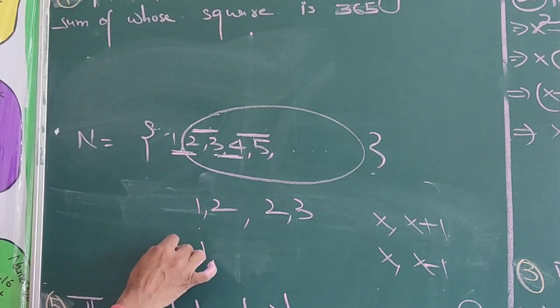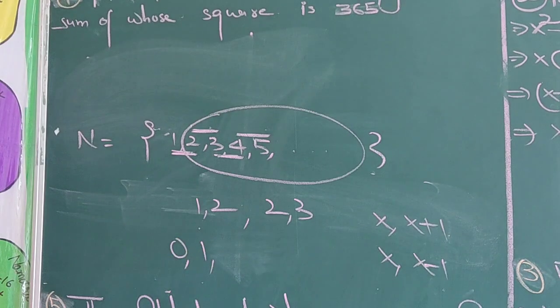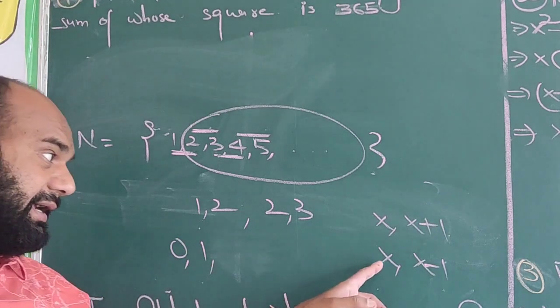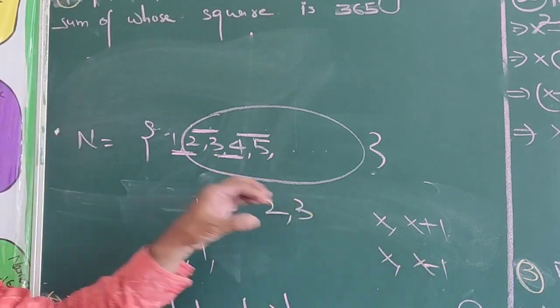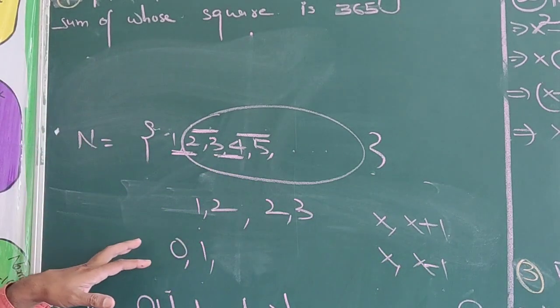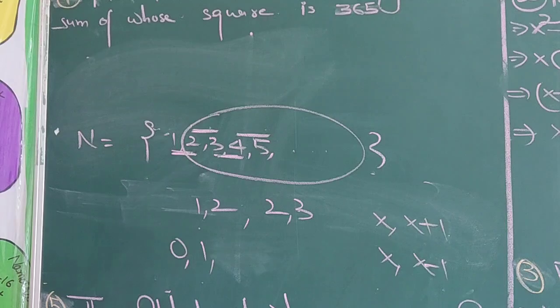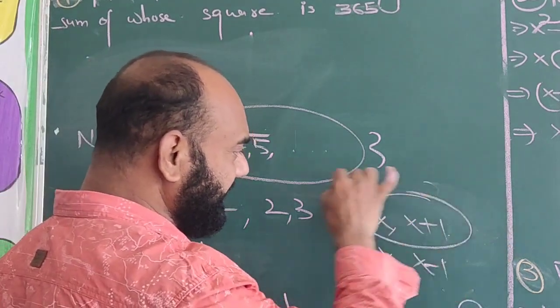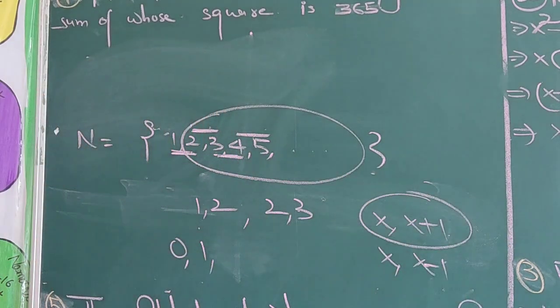When we take 1, then 0 is not a positive integer. So we cannot take x and x minus 1 as consecutive positive integers. So it is accurate that when the first positive integer is x, then the second must be x plus 1.